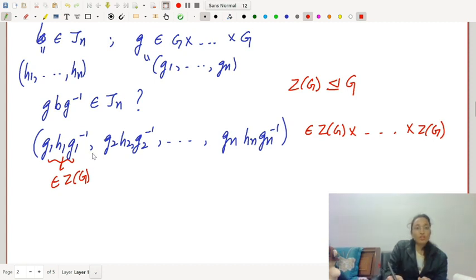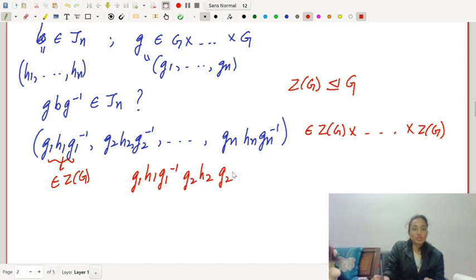Now, we just need to see whether it belongs to Jn or not. For that we will check that the product g1 h1 g1 inverse, g2 h2 g2 inverse, up to gn hn gn inverse should be identity.